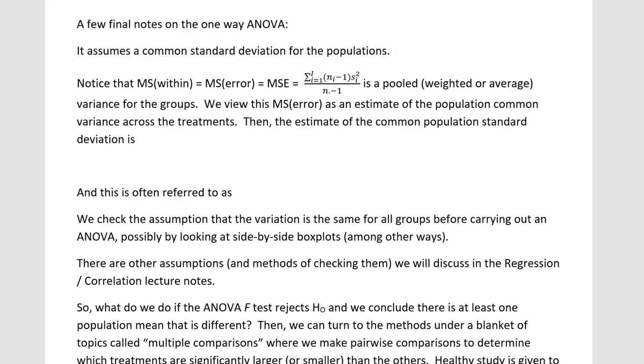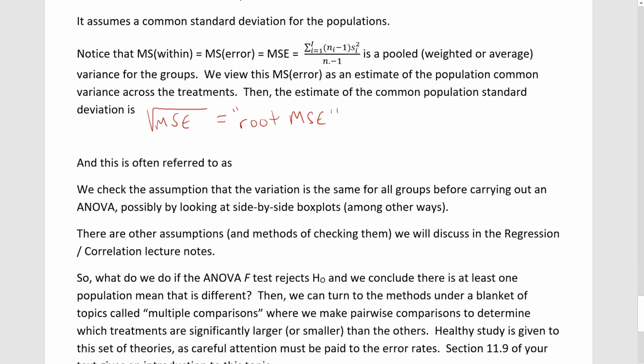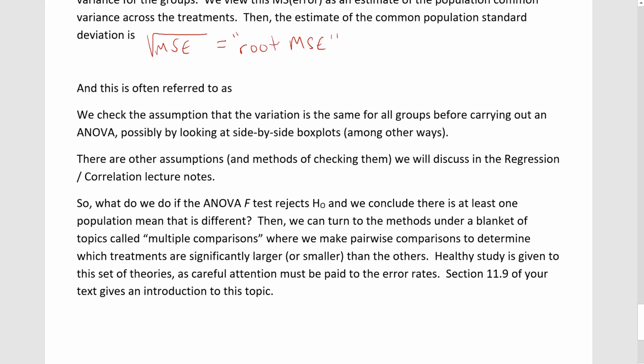And then the estimate of the common population standard deviation is the square root of it. So we often call that root MSE, root mean squared error. So if that's a population variance, then the standard deviation is the square root of it, and lots of software packages call that root MSE.